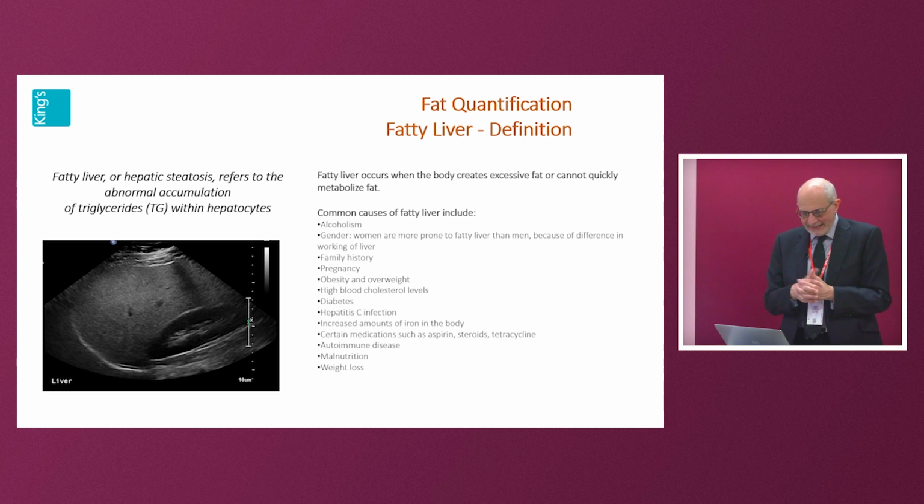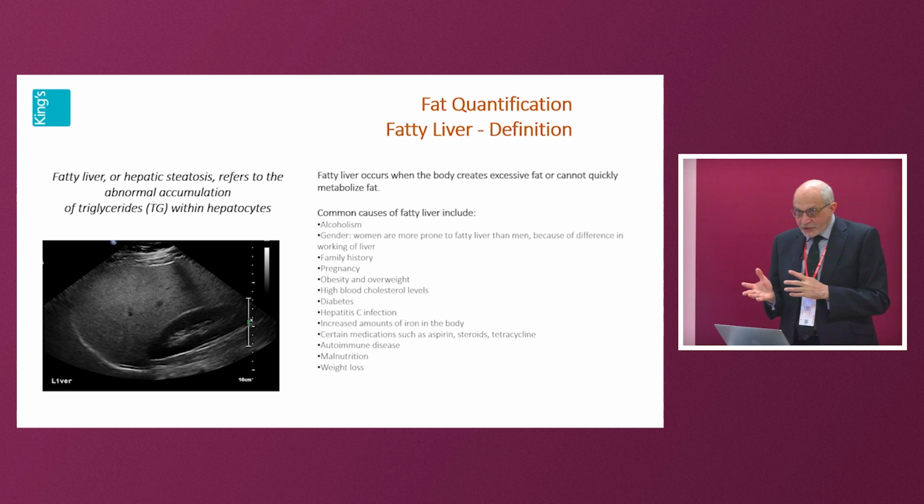So what is fatty liver? Fatty liver is abnormal accumulation of triglycerides within the liver cells. And you just have to look at someone to know that they're likely to have a fatty liver disease. Very common in alcoholism, and that's just a separate etiology for it. Women are more prone to getting a fatty liver than men.